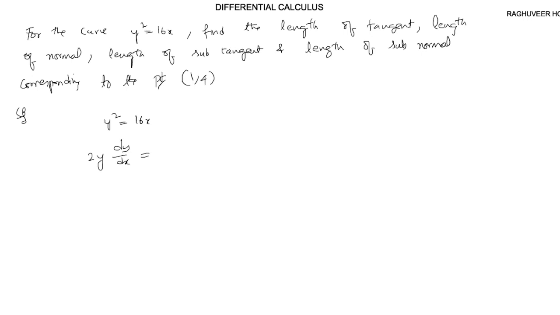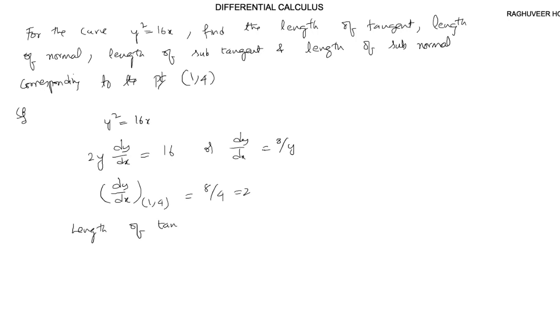Okay, we have on differentiating the equation y square is equal to 16x, so this would be 2y dy by dx, which is equal to 16, or dy by dx is 8 by y. Now dy by dx at the point (1, 4) is 8 by 4, which is 2, right?